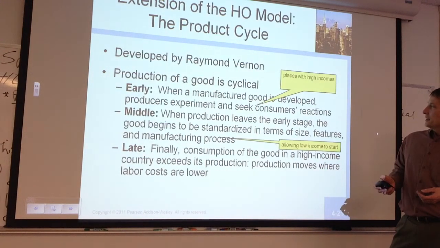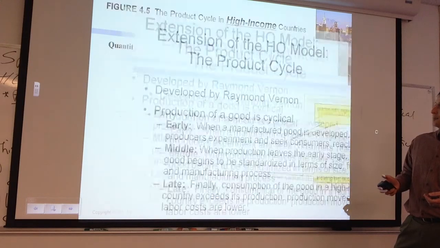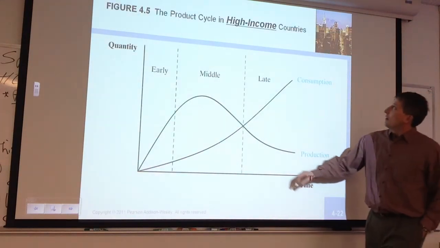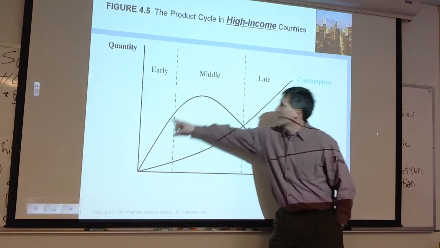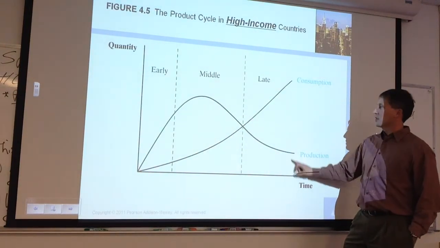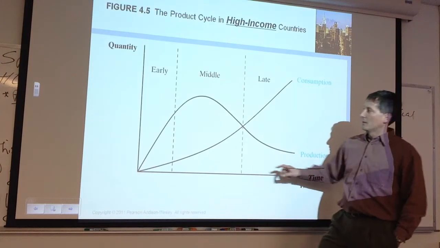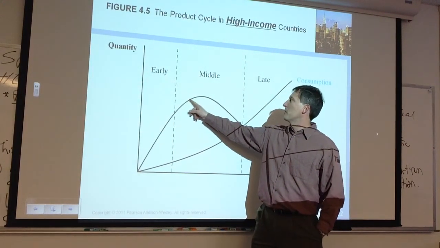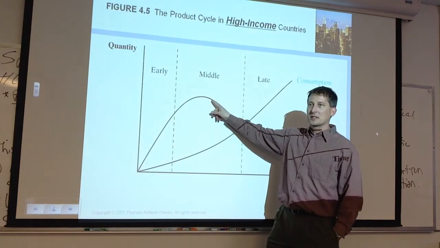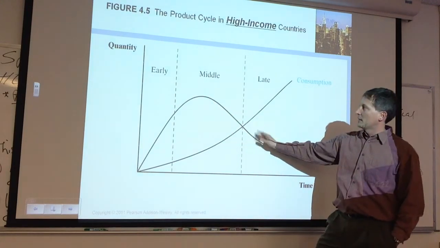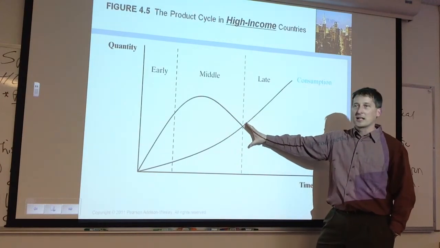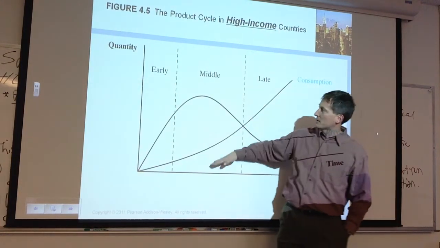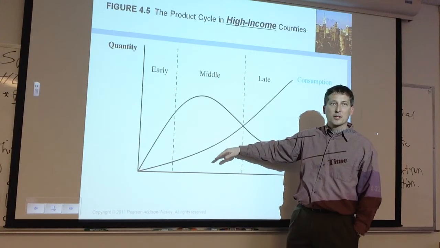And so we got our high income, low income, and for our high-income country, our production looks like this. We develop it here, we figure things out, but then eventually we start to standardize it in its product cycle. The more standardized we make it, we start to ship it off, and so our production and consumption is flip-flopped.